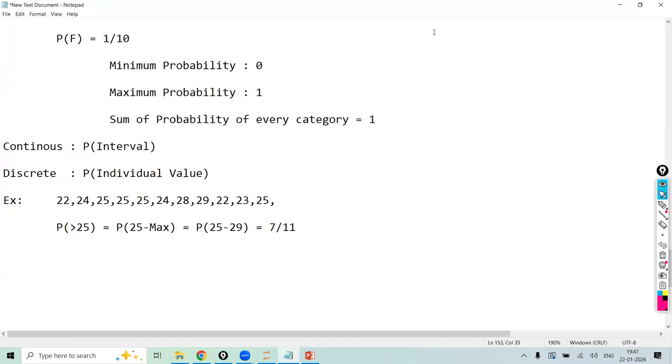That is the probability. So whenever you calculate the probability for a continuous variable, we have to calculate it based on the interval. Continuous variables are never considered as a single value. Only discrete variables we consider as a single value. That is the difference between continuous versus discrete, which I told you in the initial classes.